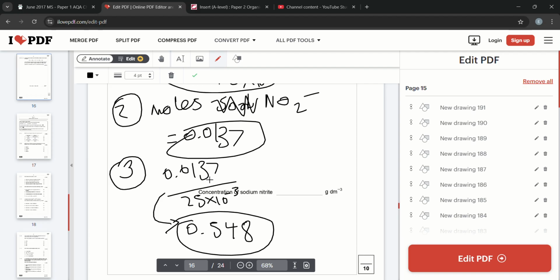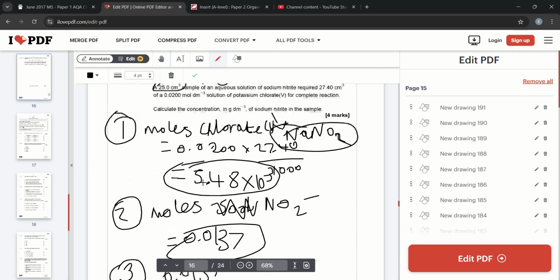So 0.548 times by 69, which will give me 37. No, it's not 0.548, it's 0.0548. No, 0.0137 divided by 25 times 10 to the power minus 3 is 0.548. So I must have done something wrong.